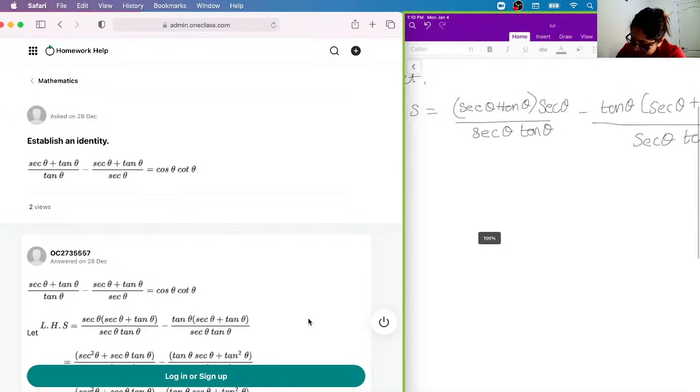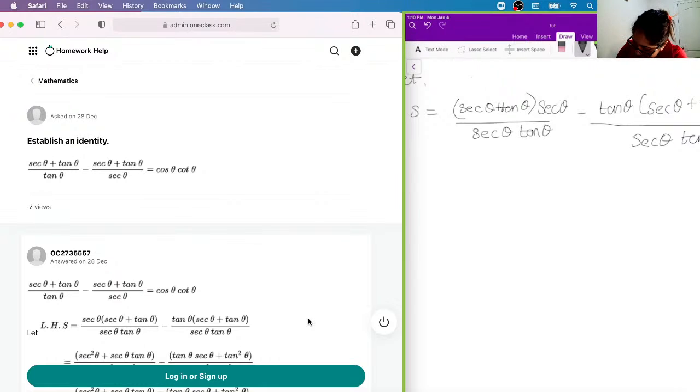So what we're going to do is combine this whole fraction into one. I'm just going to multiply these out.